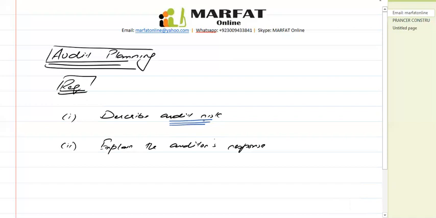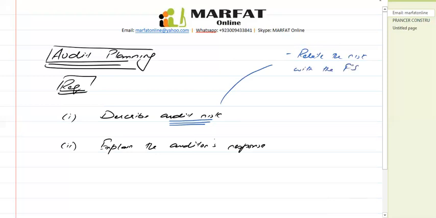That is true. Audit risk has 3 components, but in the exam, there is no need to identify that this is inherent risk, this is control risk, and this is detection risk. All you have to do is relate the risk with the financial statements.